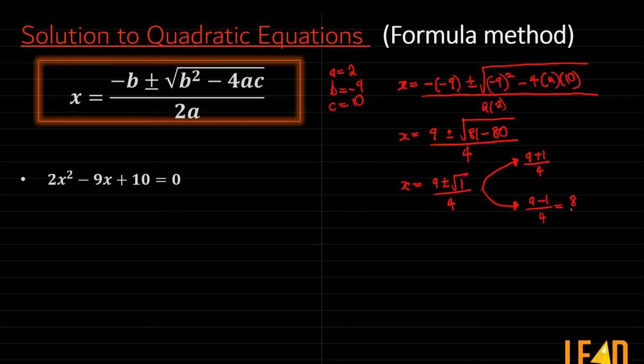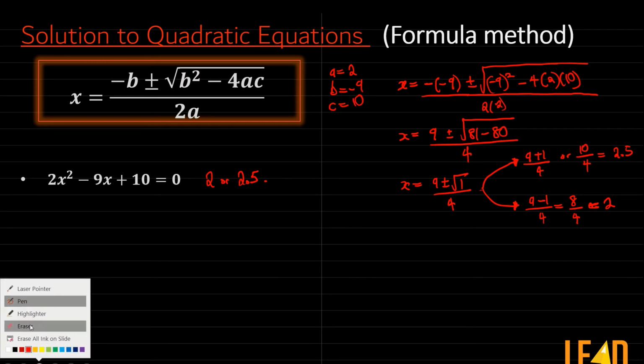So we'll have 8 over 4, which is equal to 2, or 10 over 4, which is equal to 2.5. So this question gives us 2 or 2.5 as our solution. It's pretty straightforward, like I said. You just need to practice it a couple of times. Okay, let's try out the next one.